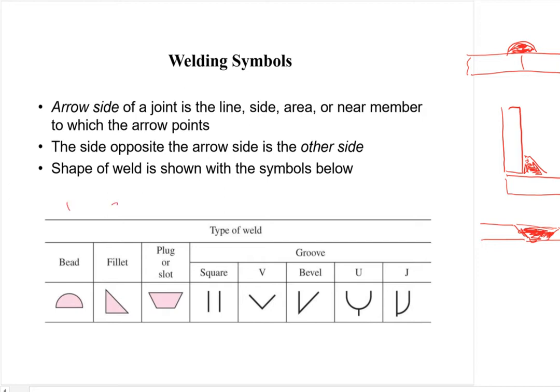If this is 1, 2, and 3, that's 1, 2, and 3. Square weld is actually something like that, where you're squaring up two pieces. So now the V, bevel, and U should make a little bit more sense. So as example 4, let's skip to example 7.